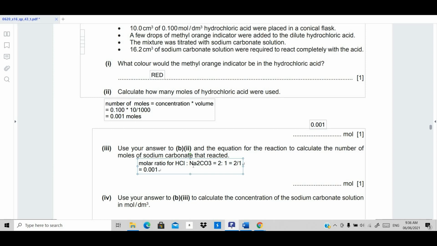This means the moles of sodium carbonate will be half of the moles of HCl. So we divide 0.001 by 2, and the answer we get is 0.0005. You can also check with the marking scheme and you'll get the same answer.